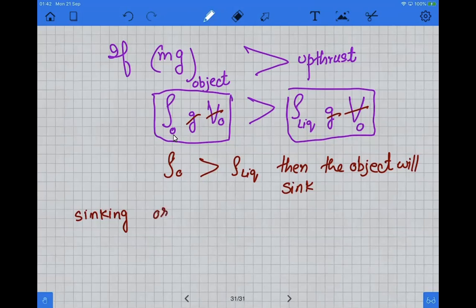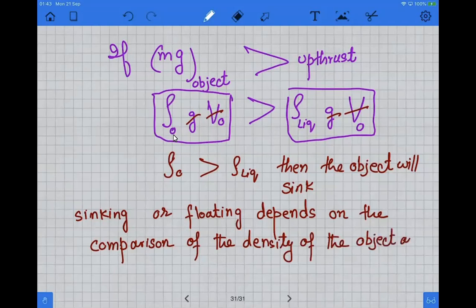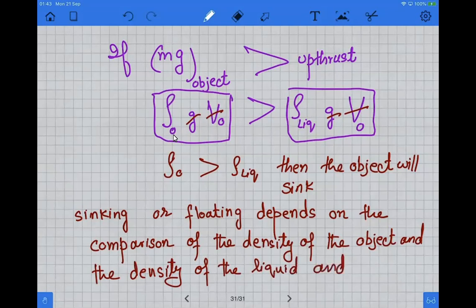So sinking or floating depends on the comparison of the density of the object and the density of the fluid or the liquid, and nothing else.